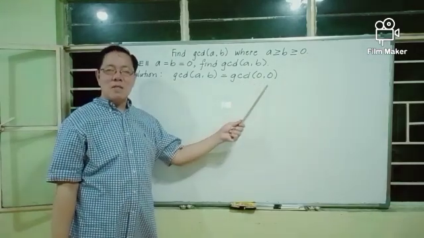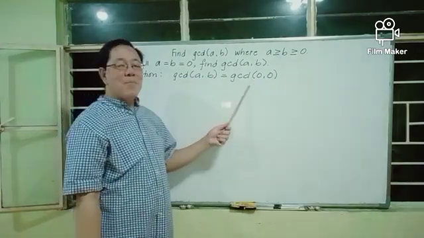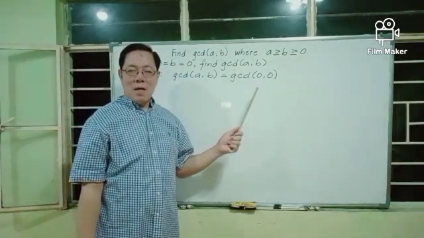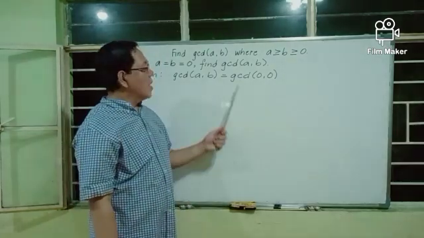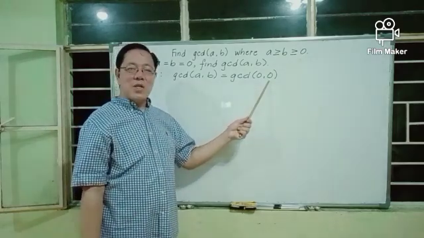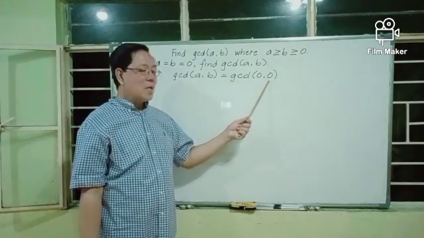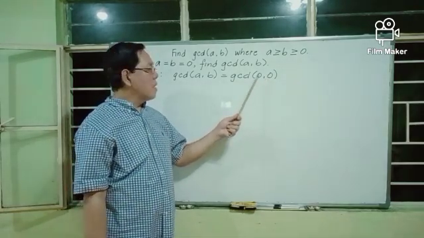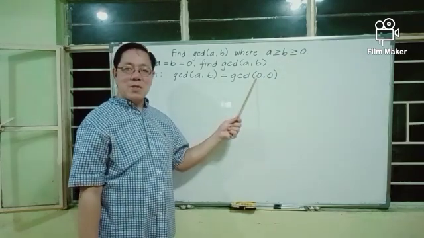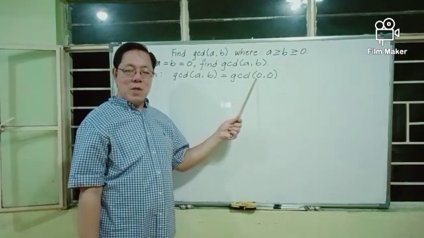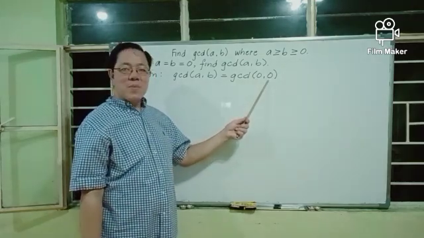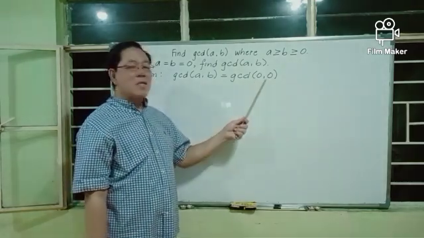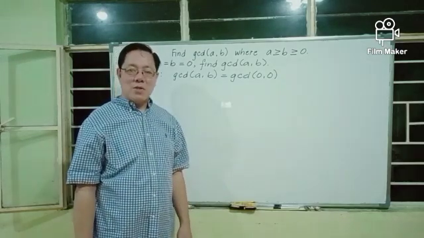If A and B are both 0, then the greatest common divisor of A and B simplifies to the greatest common divisor of 0 and 0. Now, I have defined this in the lesson before this lesson, but again, every integer divides 0, including 0 itself. Therefore, the common divisors of 0 and 0 is the set of all integers.